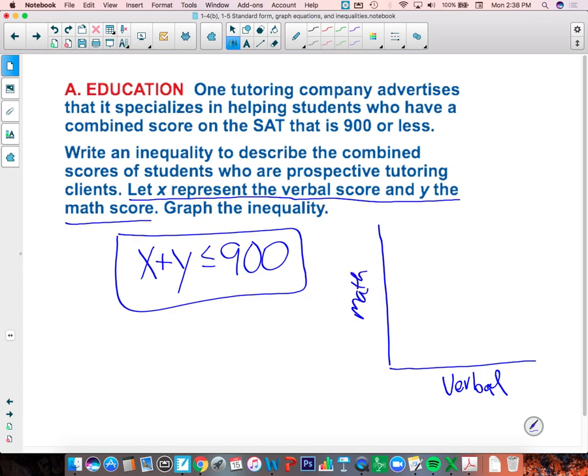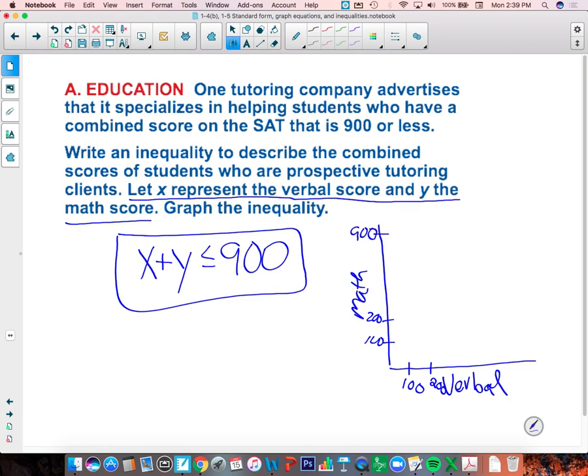So math score there, and I would just say you go by 100s, or you could do 1 on the bottom and 100s on the side, or you could go by 50s if you wanted to, but I would say it's easiest just to go by hundreds. And then you scale it, so you'd have to go up to 900 and graph it. Okay? So hopefully that helps on some of the word problems.